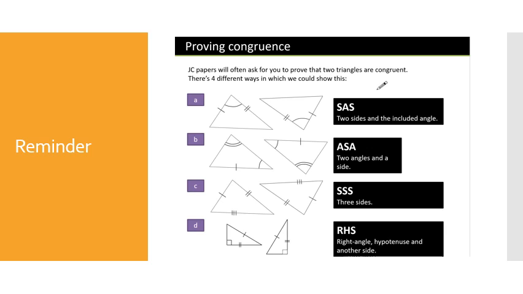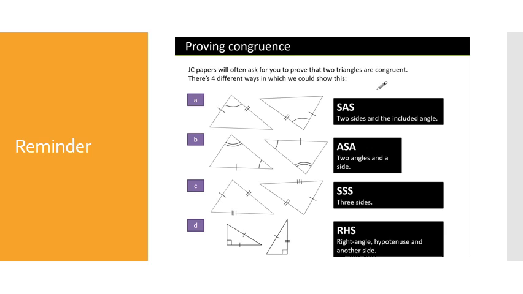Side, angle, side: two sides and the angle in between are the same. Angle, side, angle: two angles and a side. Side, side, side: three sides that are the same. And right angle, hypotenuse, side: a right angle, the same length hypotenuse and one other side the same length.